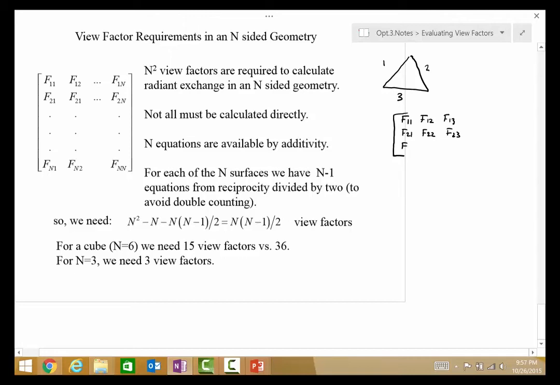Notice the diagonal terms are how the surfaces see themselves. So F33 is surface 3 seeing itself. So we have this view factor matrix, and for a three-sided enclosure, we have 9 view factors.